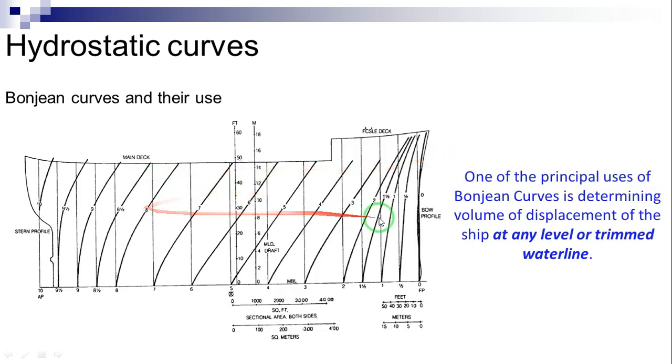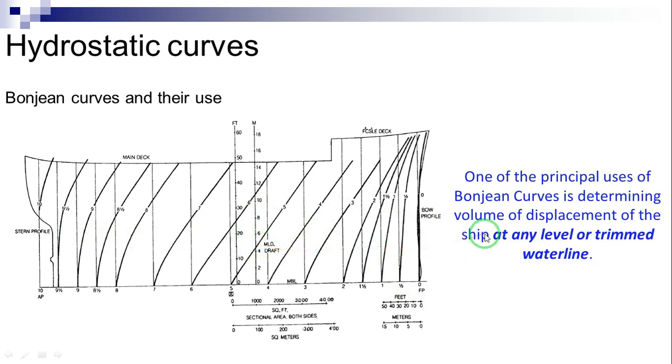One of the principal uses of Bonjean curves is determining volume of displacement of the ship at any level or trimmed waterlines. The Bonjean curves are especially useful for the calculation of displacement volume and LCB, longitudinal center of buoyancy, where the waterline at which the ship is floating is not for the even keel condition.